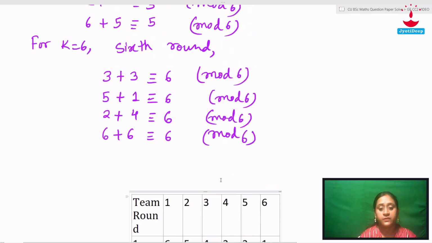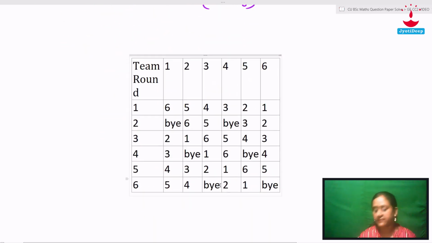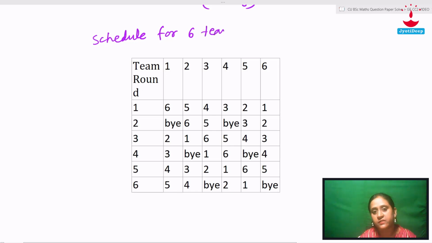So this is the schedule for 6 teams in round robin tournament.